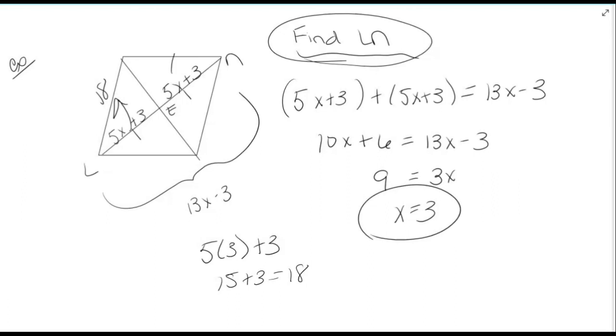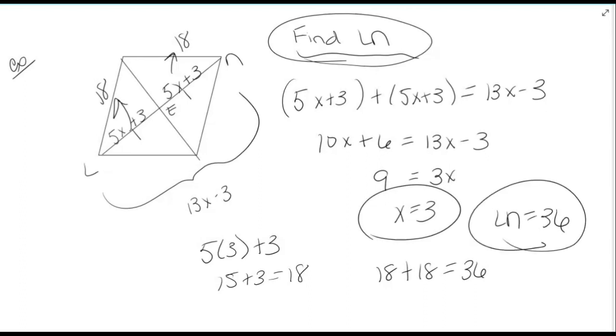But of course, this has to equal 18 too, right? We have 2 pieces. So then really, the length of LN has to be 36. Right? So we had to plug in the x, make sure we get both pieces of the diagonal, add them together to find the length of LN.